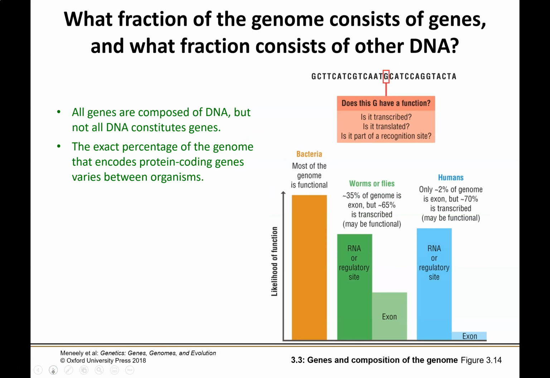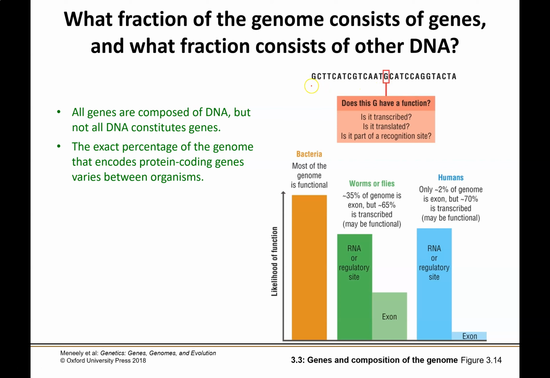So not all of the genome has genetic coding information. Some of the genome consists of genes, and some of the genome consists of other types of DNA. So in the human genome, not all of our code actually codes for actual functioning genes. When we look at a sequence, we can sort of think about what it does.